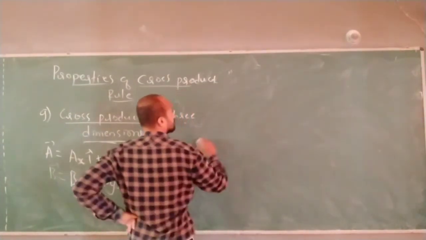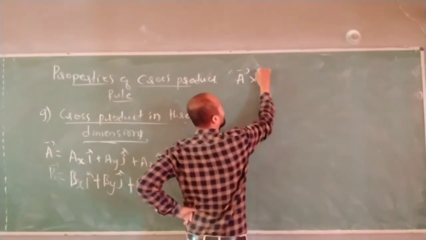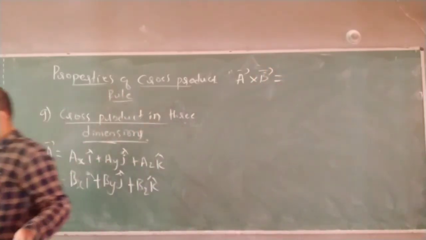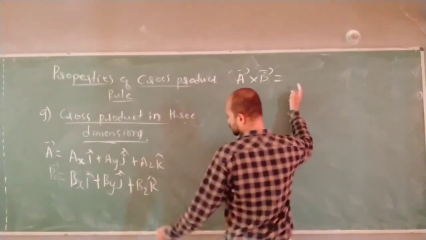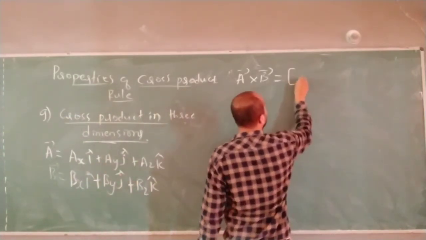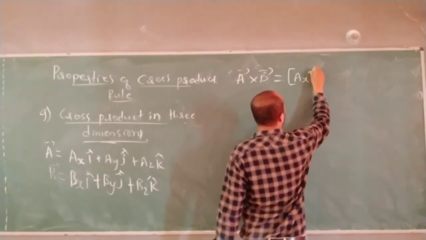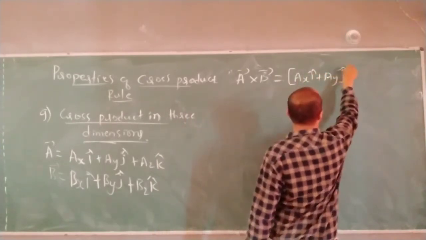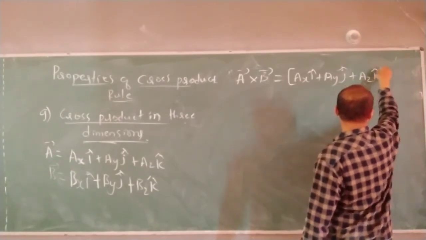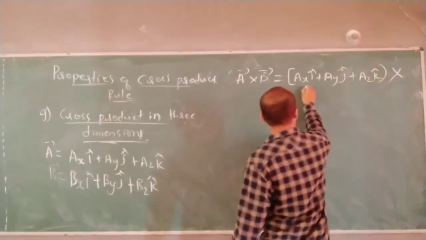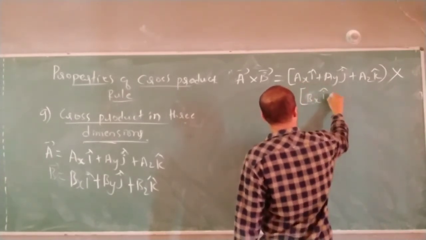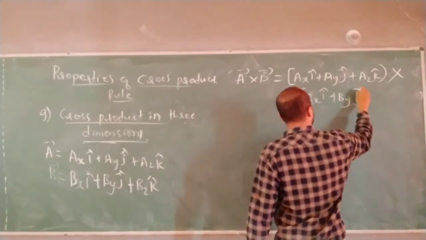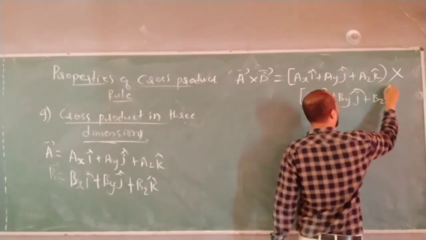So here A cross B will be equal to (Ax i cap plus Ay j cap plus Az k cap) cross (Bx i cap plus By j cap plus Bz k cap).